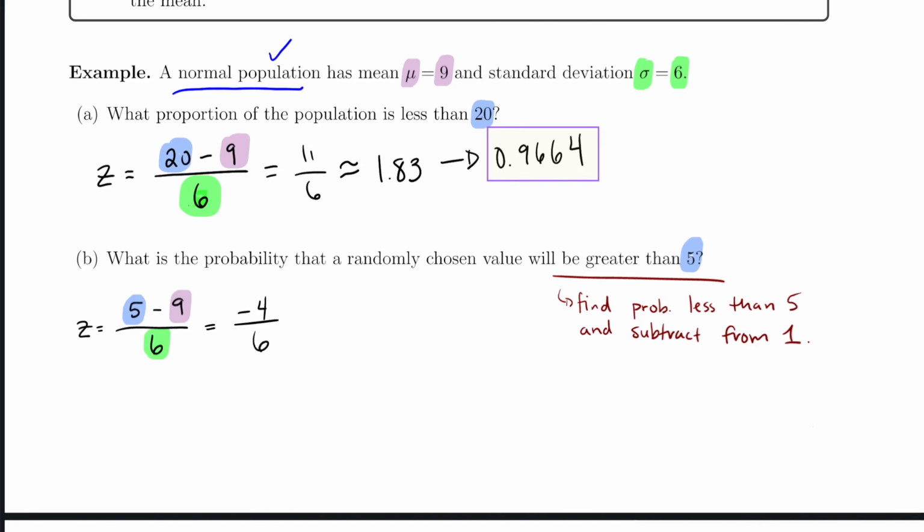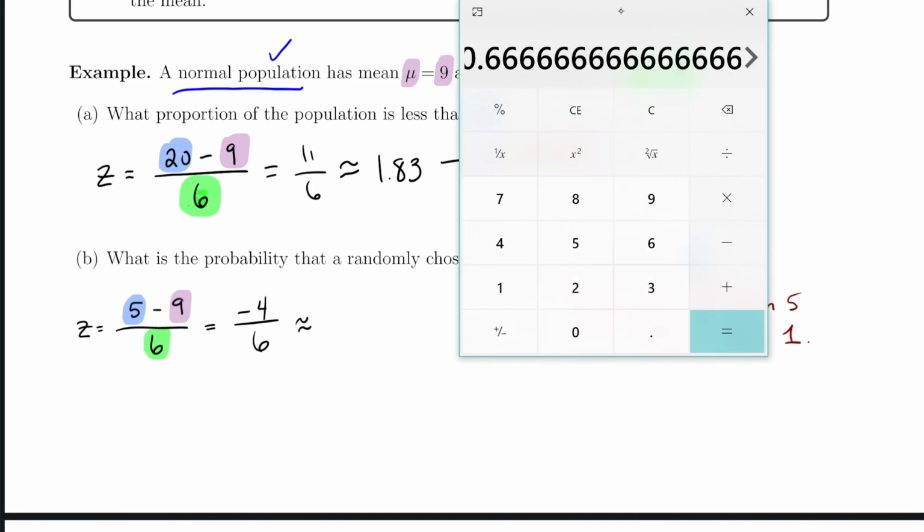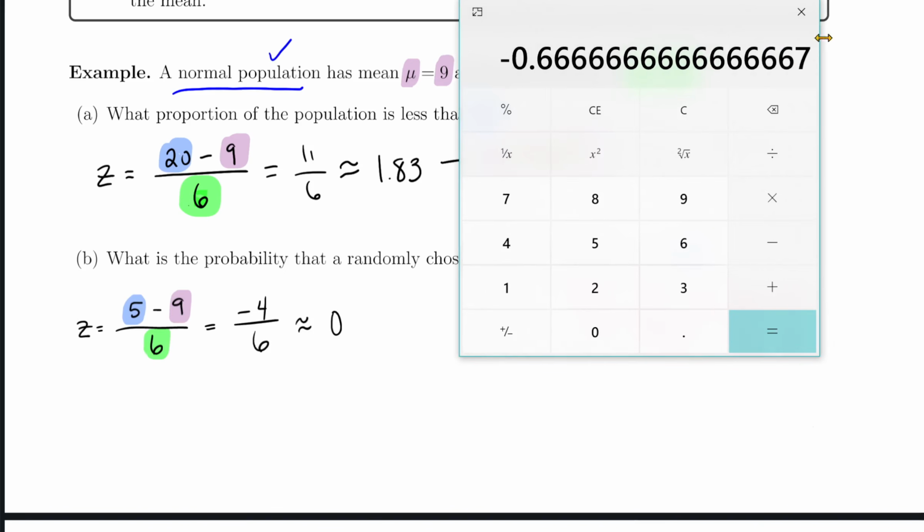Let's type this into the calculator, and remember we round to 2 decimal places for our z-scores. We get -0.666 repeating, and that rounds to -0.67 as the z-score.